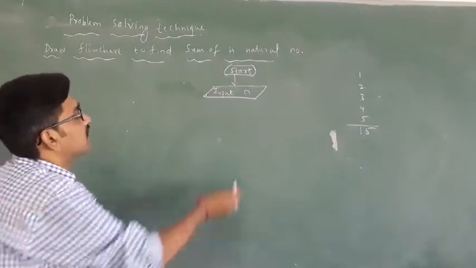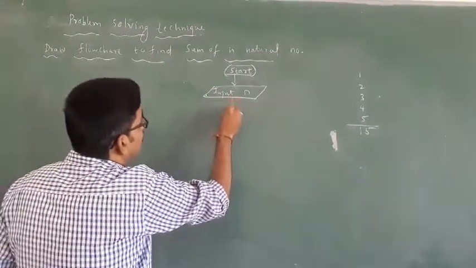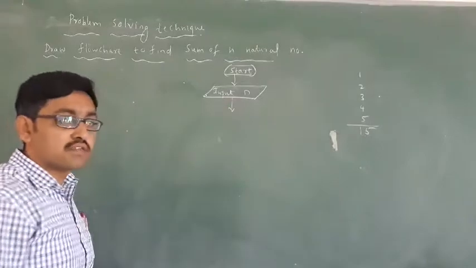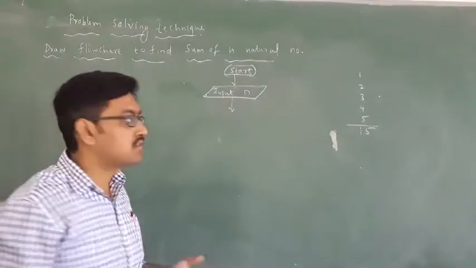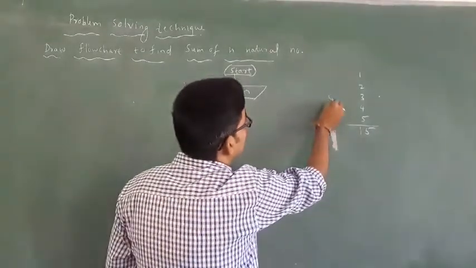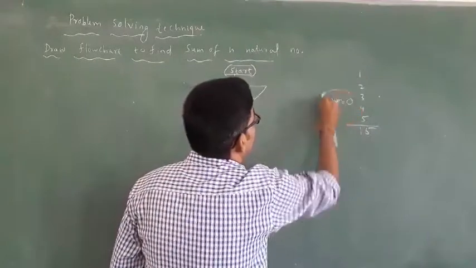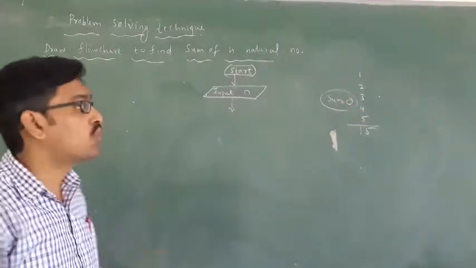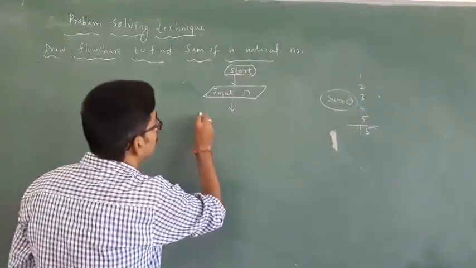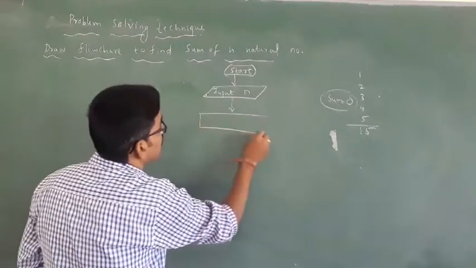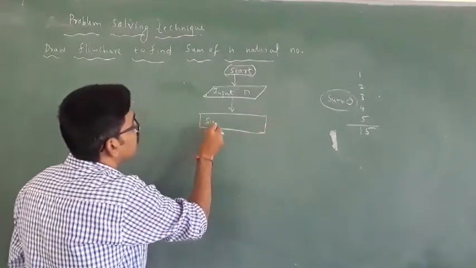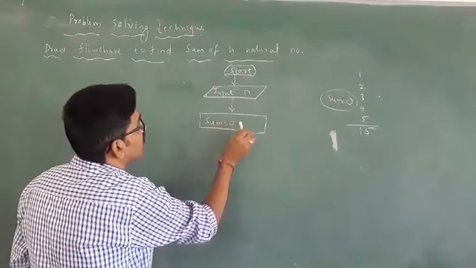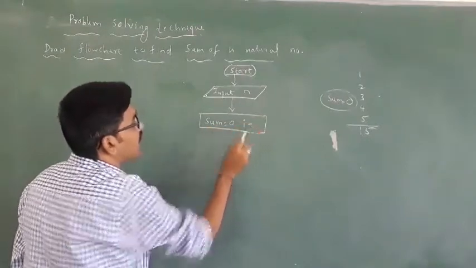The next one is what are the requirements. I don't know the sum yet, so I have to assume sum is 0. I am taking sum equal to 0, then i equal to 1.